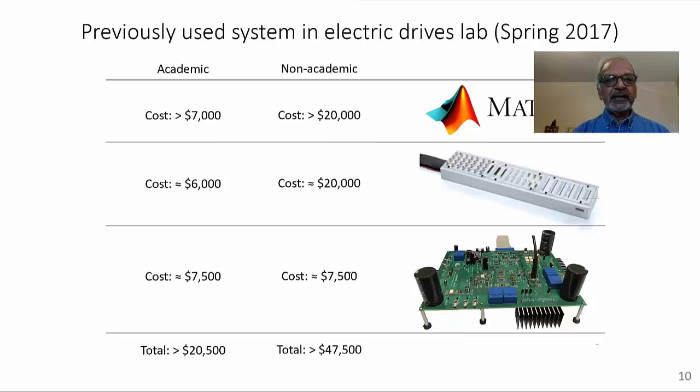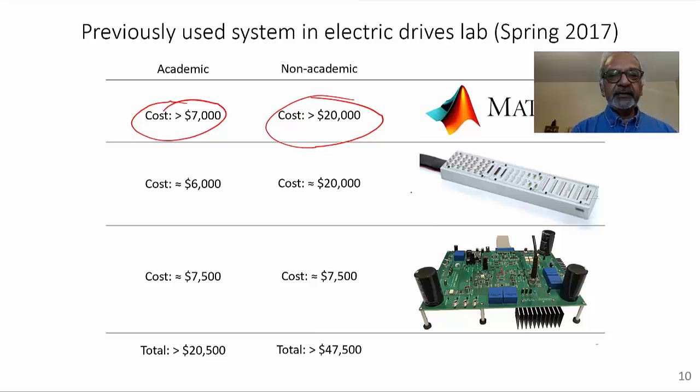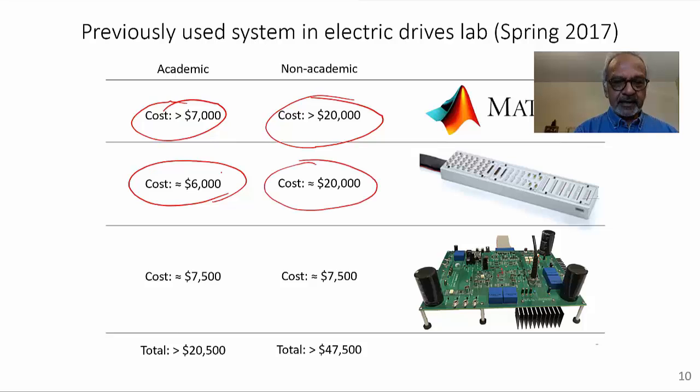You can see the academic and the non-academic costs of these things here. For MATLAB, 7,000 for academic or more than 20,000 for non-academic. Then for dSPACE, it costs roughly 6,000 for academic purposes and about 20,000 for non-academic.